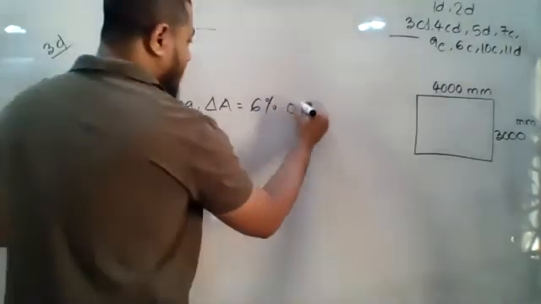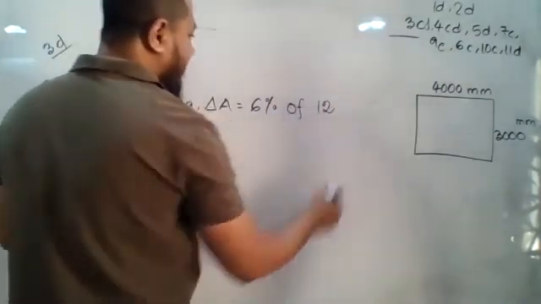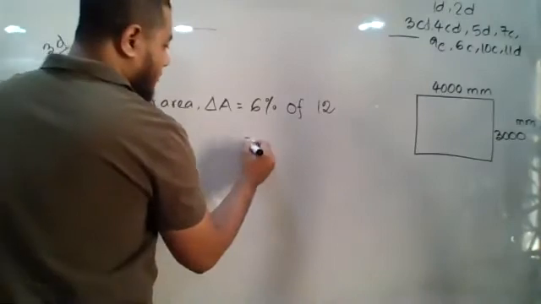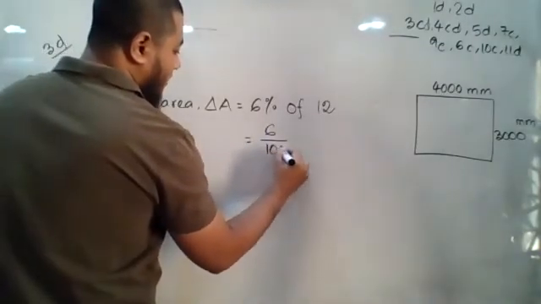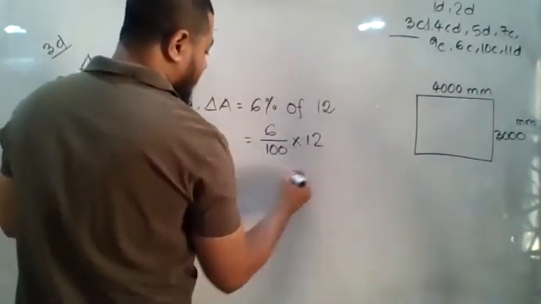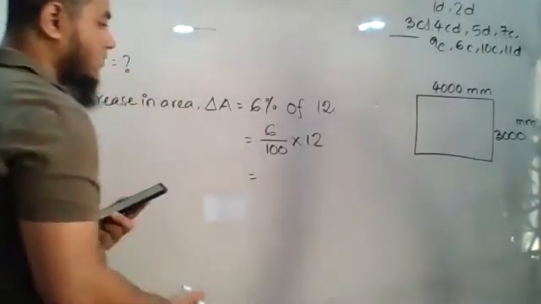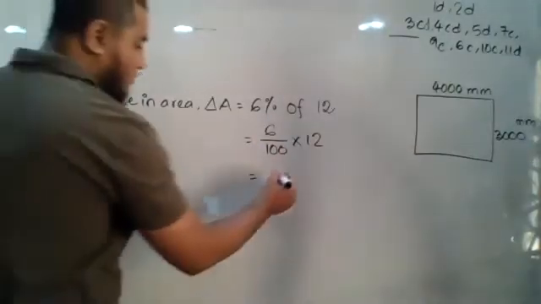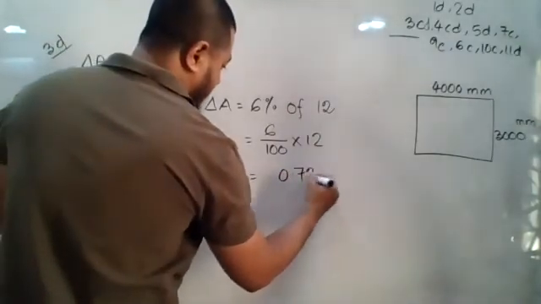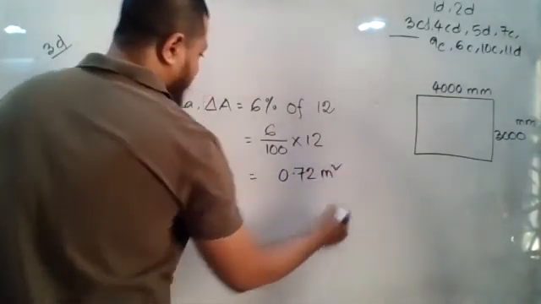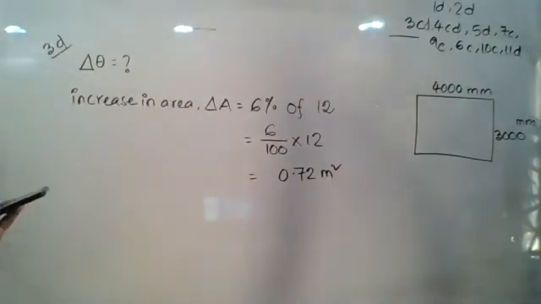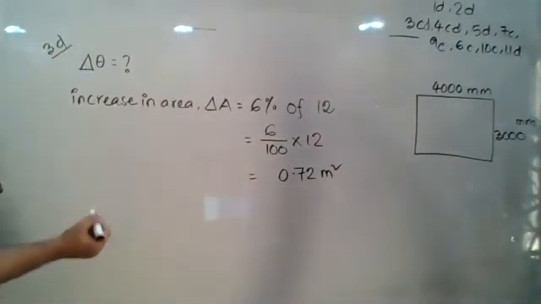So 6% of the initial area, which is 12, right? So 6% means 6 divided by 100 into 12. What does that give us? 6 into 12 is 72, so 0.72 meter square. This is the amount of area change. So let us calculate.